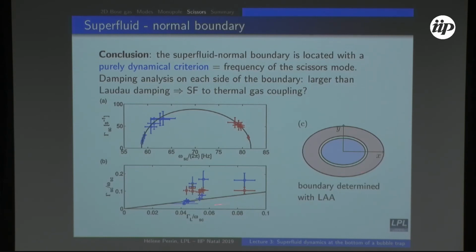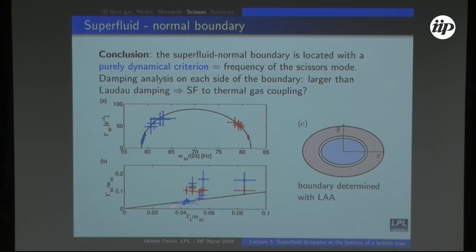Here is the damping rescaled to the frequency when we split the cloud into two regions where the boundary is determined by the alpha C given by the local density approximation, and we now compute the XY value, not radius per radius, on all this region or all this region, and then we have a little bit better signal to noise ratio.